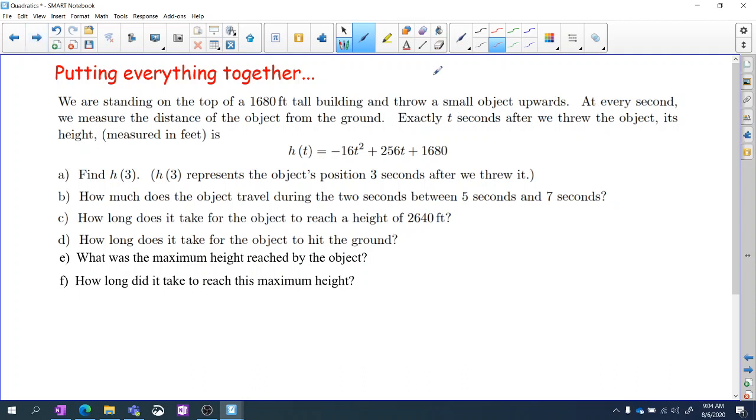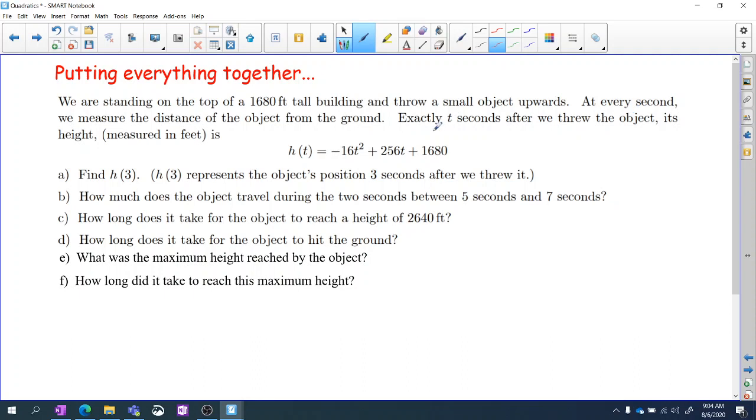So now remember, you should, as much as possible, actively be participating, not just sitting watching the videos. You want to pause and try the questions as the videos unfold. All right, so this one's talking about someone standing on top of a 1,680 foot tall building. They throw a small object up.